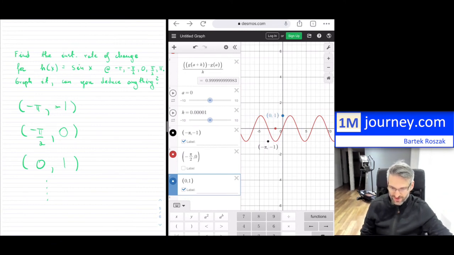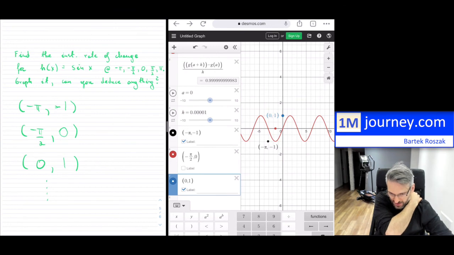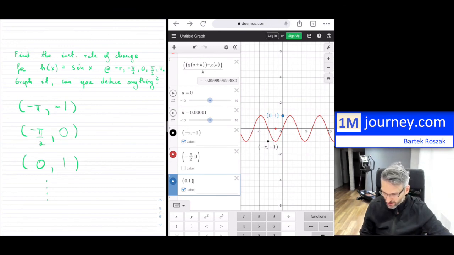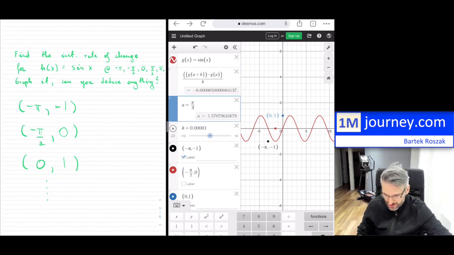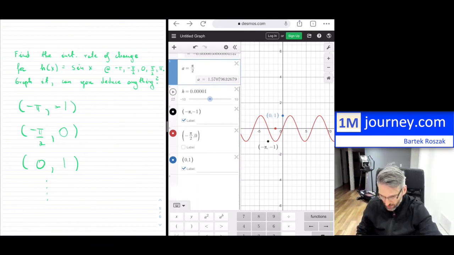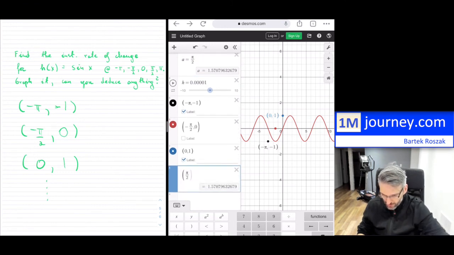Okay, so this is what I have here. I have these points thus far. Now I wanted to find pi over 2. So pi over 2 is next, the instantaneous rate of change. So that's back to 0.